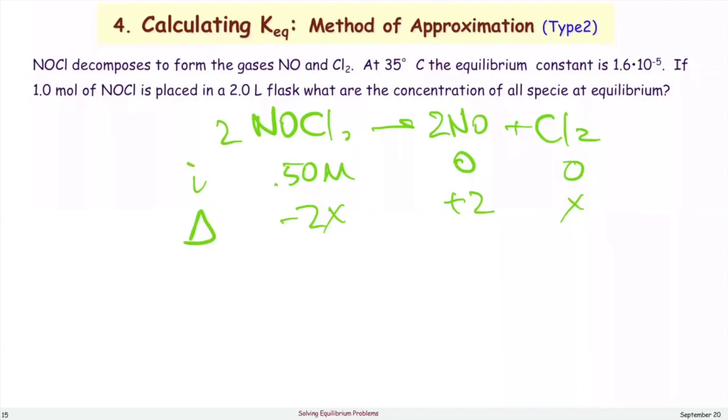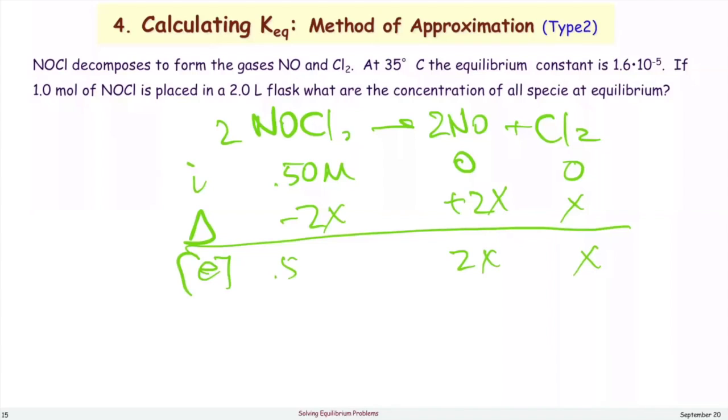In this particular case, what we can do now is get the equilibrium expression. This is basically 2x, this is x, and this is 0.50 minus 2x. Now, why is that important? Because again, the equation that you solve gets more complicated once your coefficient is not 1 anymore.